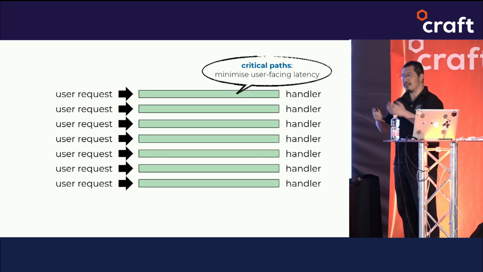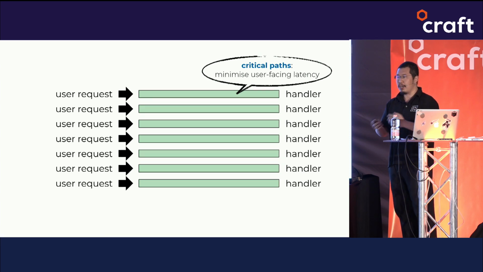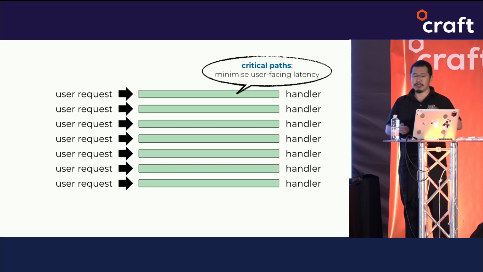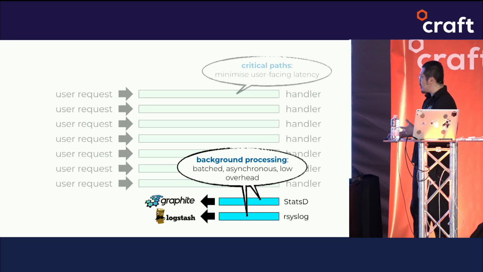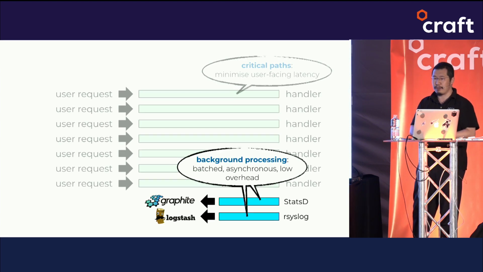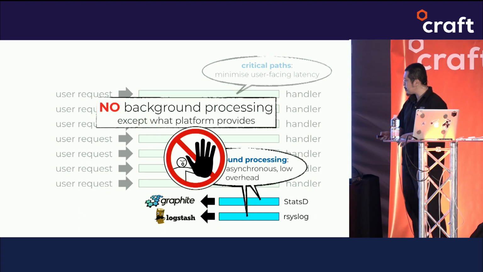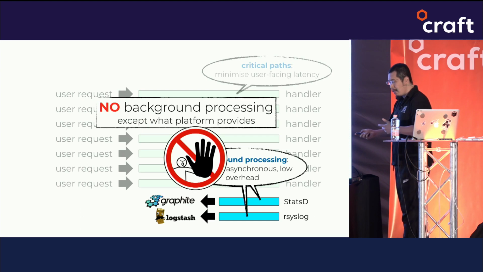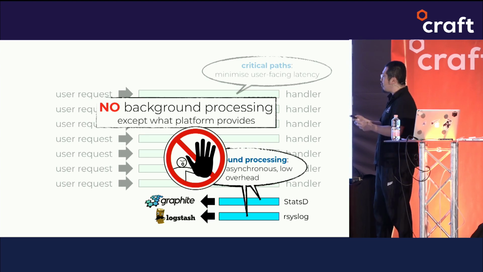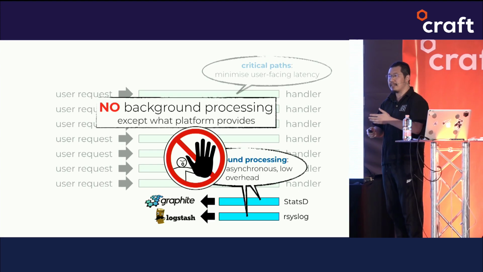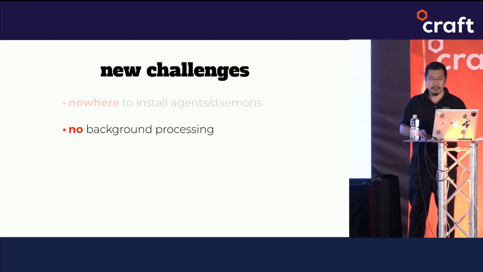We don't want those additional latencies for collecting, monitoring, and alerts data to impact our user experience. So these agents, they will collect data in the background, they will batch them up, and then send them off to whatever monitoring system that we actually use. Unfortunately, with Lambda, we also lose the ability to do any form of background processing besides the things that the platform does on our behalf.